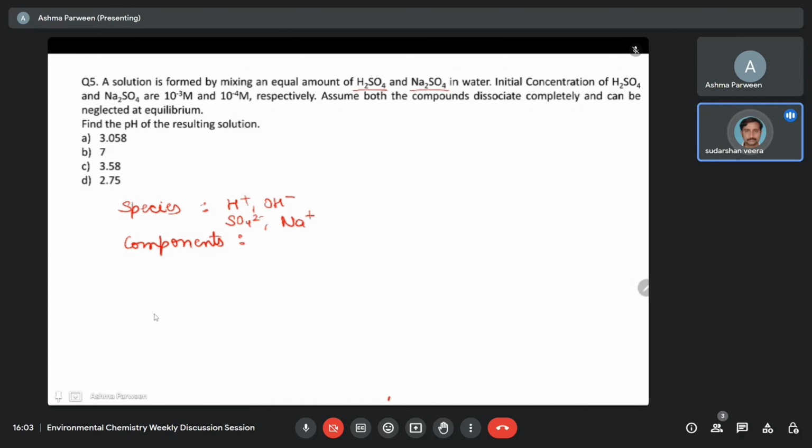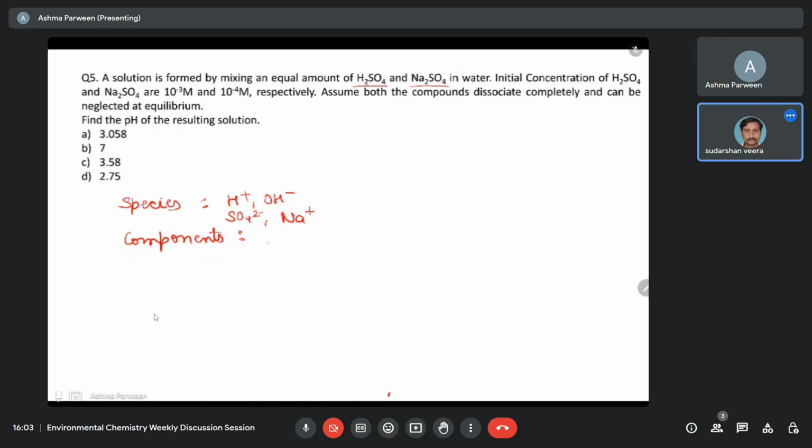Generally the practice is to take the most deprotonated form as the component. So we will take sulfate SO4 2 minus as the component.